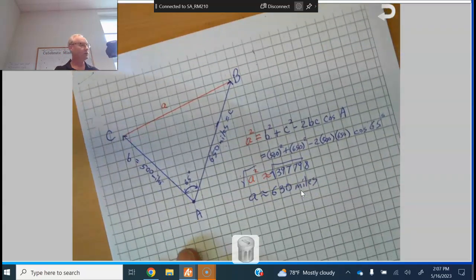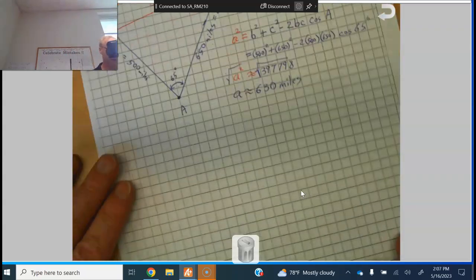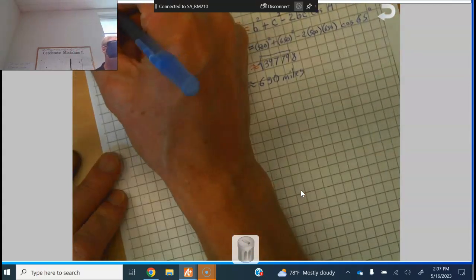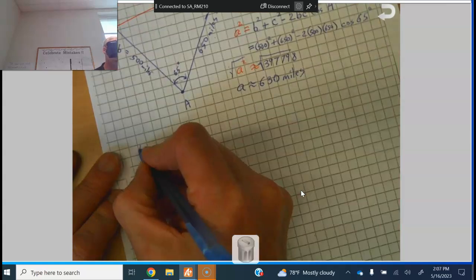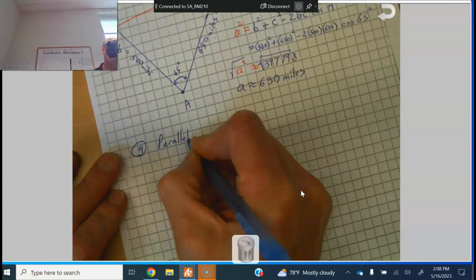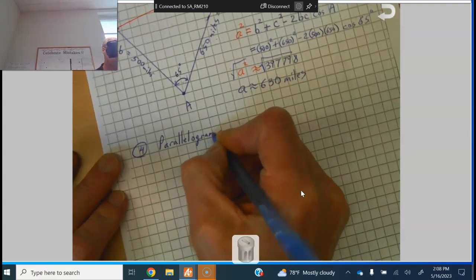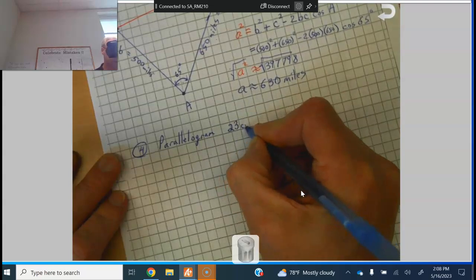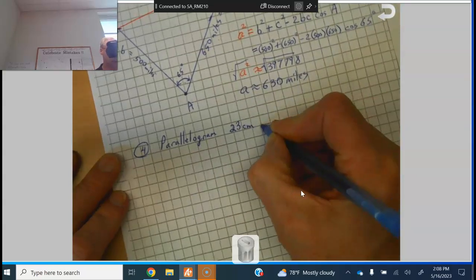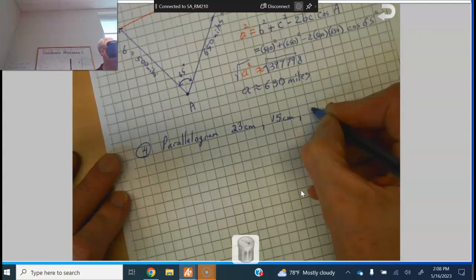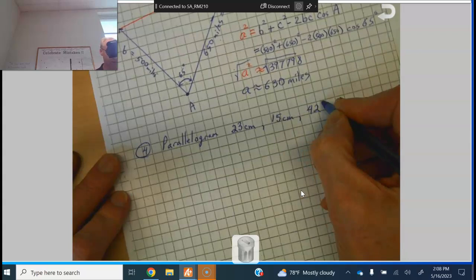Now I'm going to have you guys do one more problem on your own. It's going to be a parallelogram. This, by the way, was number 1 from one of your worksheets. Number 4 is a parallelogram. One side was 23 centimeters. Another side was 15 centimeters. And one of the angles was 42 degrees.